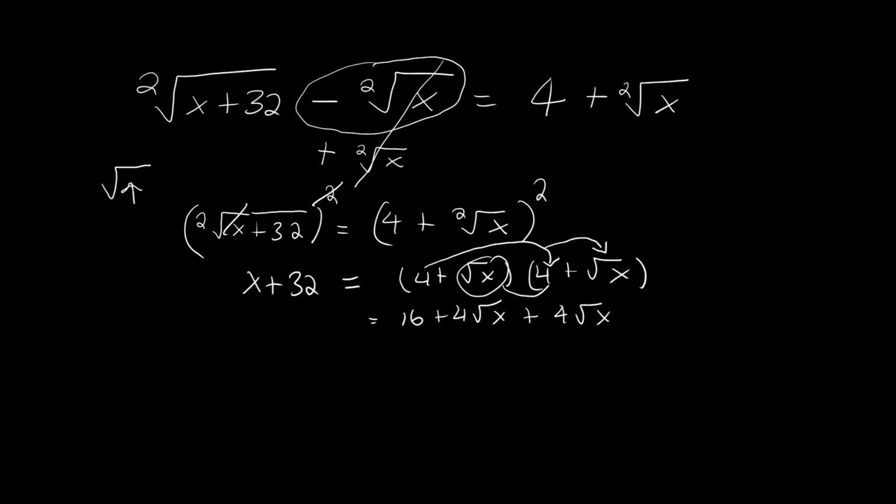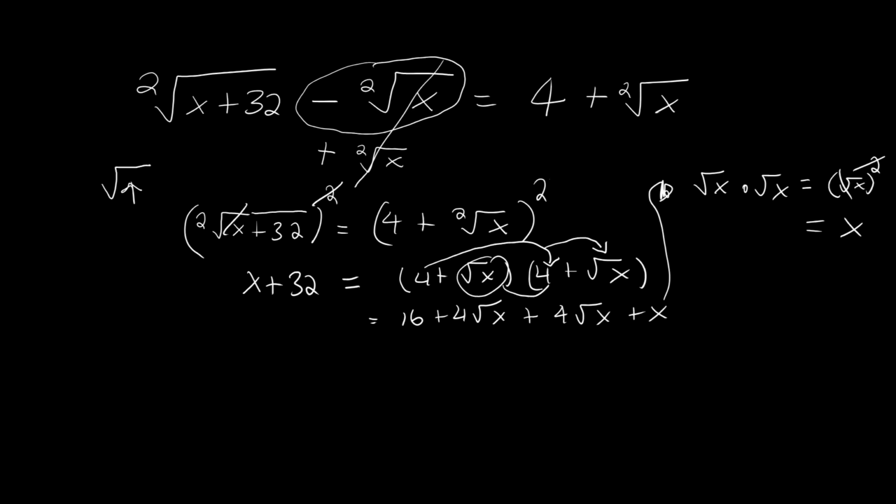square root x times square root x will give me x. Why? Let me quickly explain the reason. If you multiply x times x, you get x squared. And remember, how do we get rid of the square root? Basically, you are getting rid of the square root here, so that will give me x.